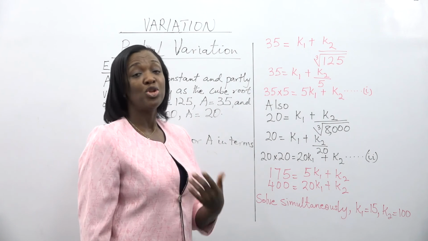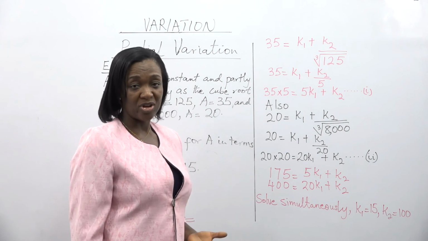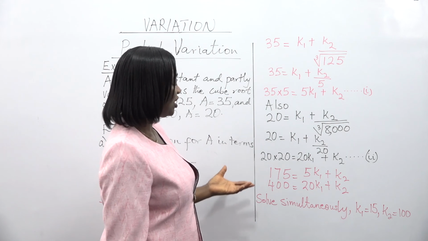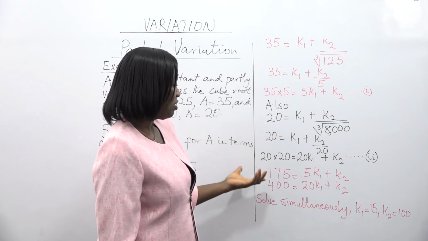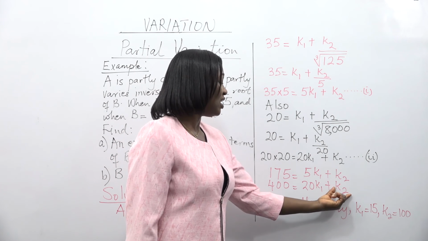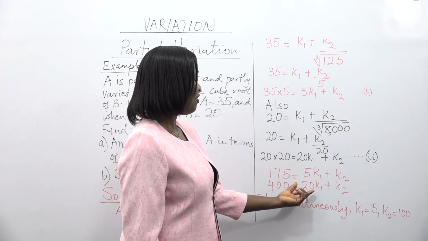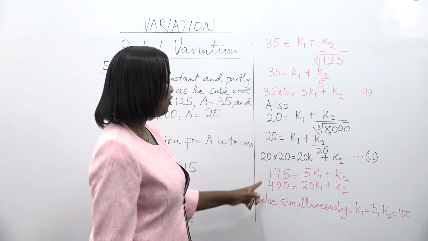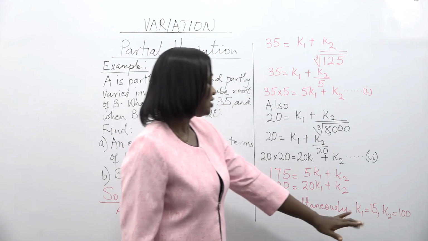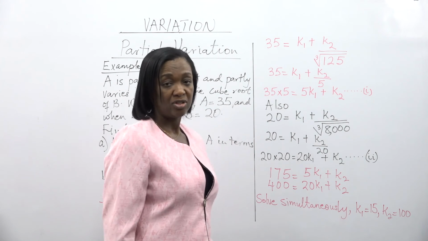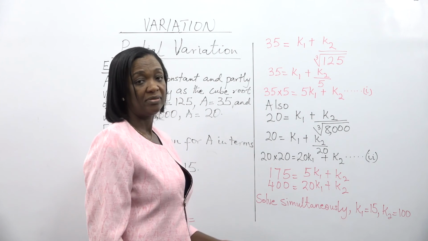At this point, we all know how to solve simultaneous equations. So you solve simultaneously. You can use elimination. First, eliminate K2. Then you can find K1. And you'll find the value of K1 as 15. Solve that out. That's what you should get.